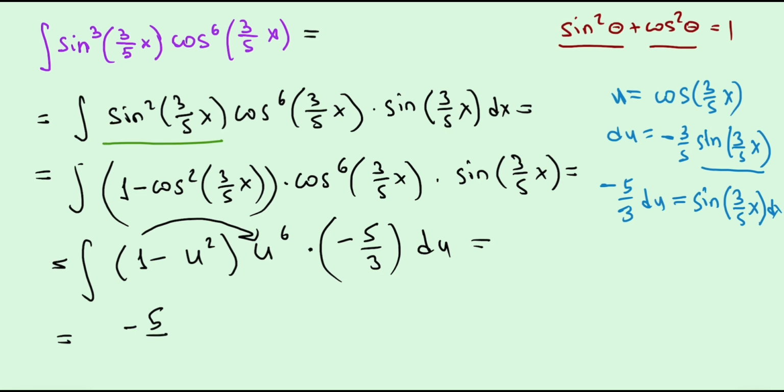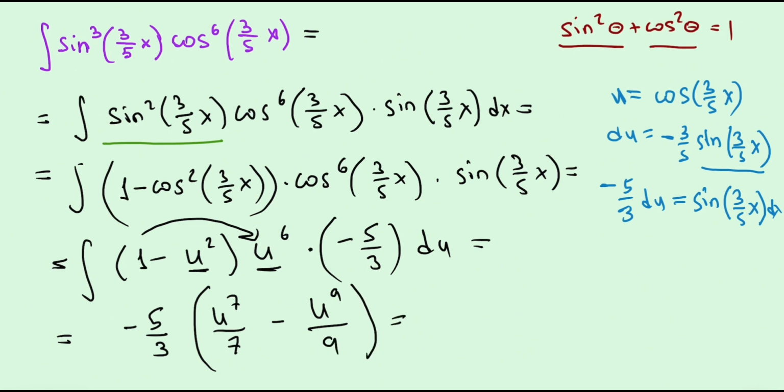So let's first pull out the constant in front, and then let's integrate u to the 6th. That will give us u to the 7th over 7 minus, now u squared times u to the 6th, that's u to the 8th. And the integral of that is u to the 9th power over 9.